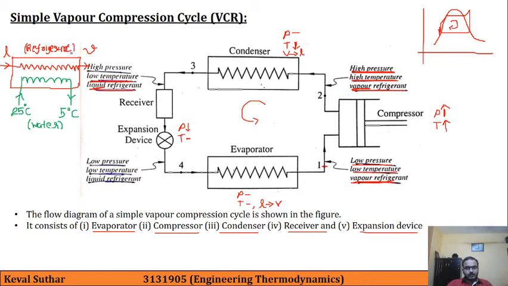Okay, so to get converted from liquid to vapor, the refrigerant requires latent heat of vaporization, which will be taken from this water. So the evaporator is nothing but one form of heat exchanger. So here this refrigerant is gaining the heat and this water is losing its heat. So our cooling purpose is achieved.